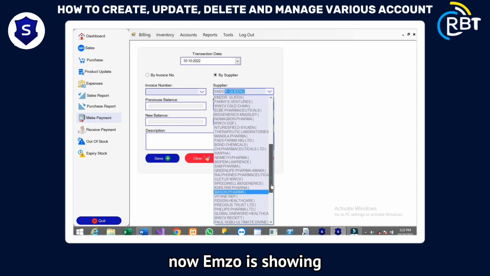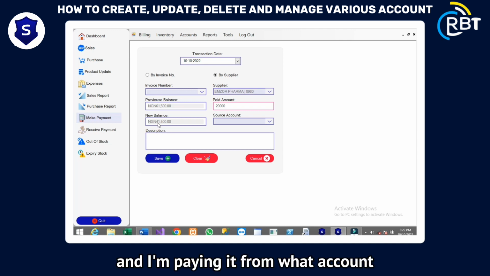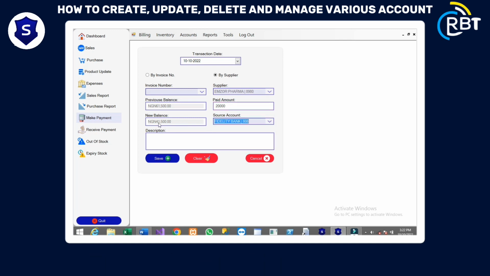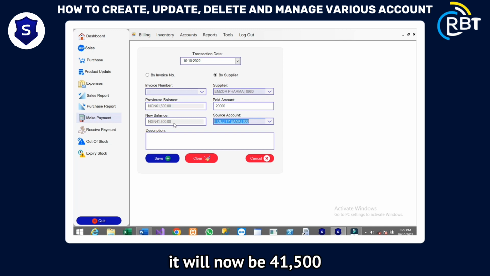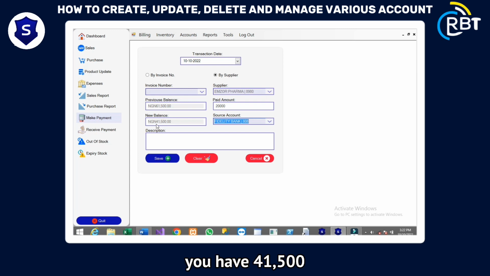Now Emzor is showing that I'm owing Emzor 61,500, and let's say I want to pay 20,000 out of it, right? I have just 20,000 to pay and I'm paying it from my Fidelity Bank account. And now see, the new balance of what I'm owing Emzor will be 41,500. So if you remove 20,000 from 61,500, you have 41,500.